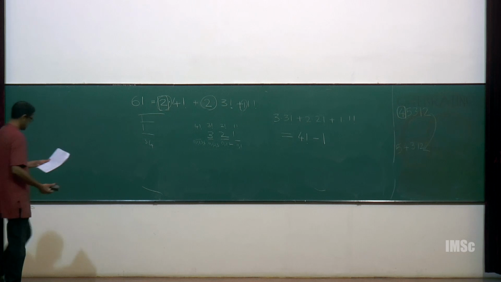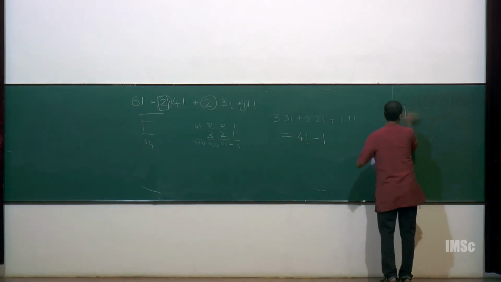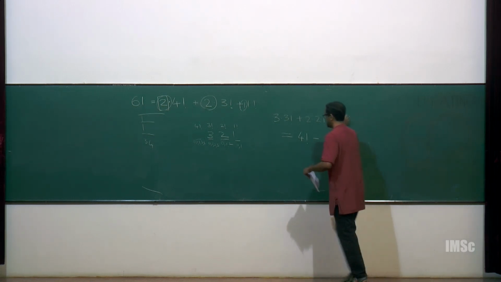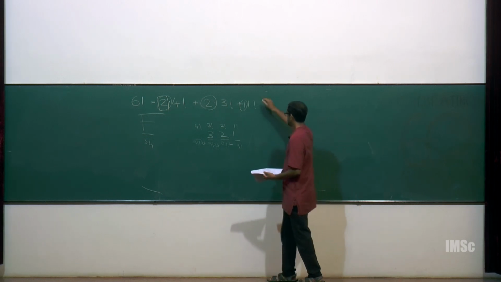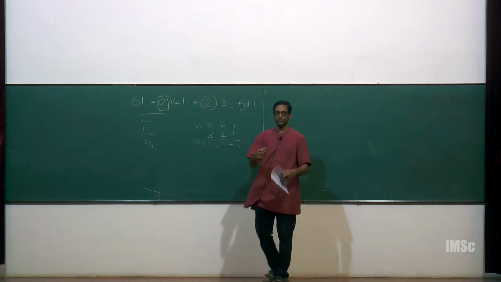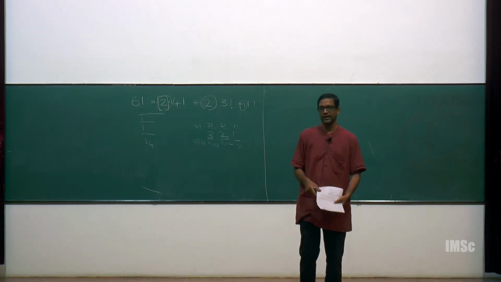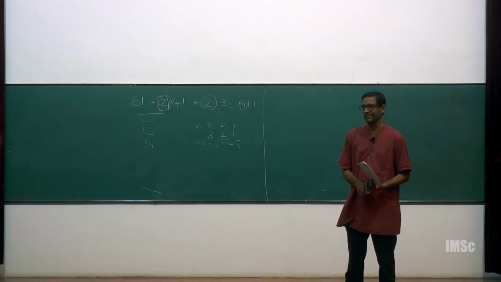Now, let me ask: what are pictorial ways in which you think about permutations? If I say a permutation and ask for a picture, cycle, okay.